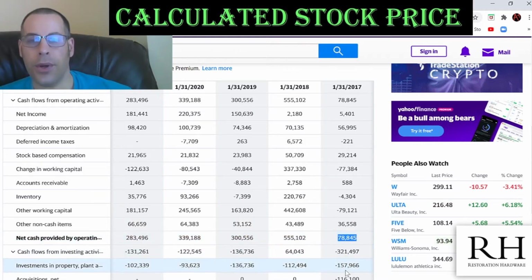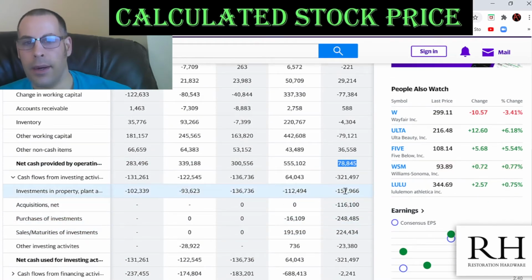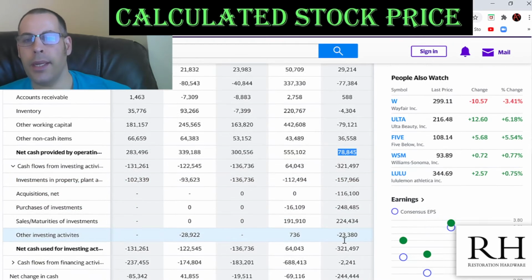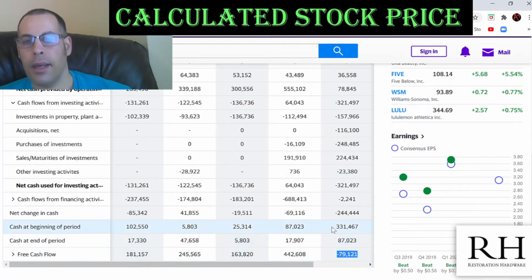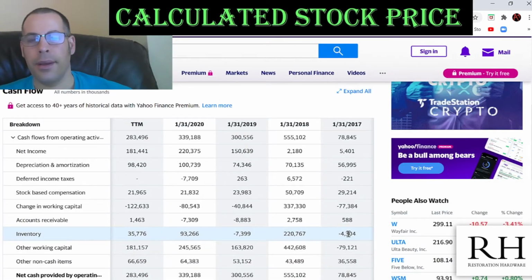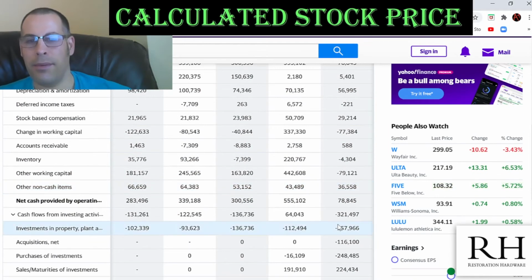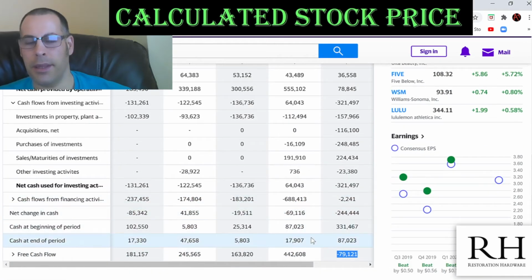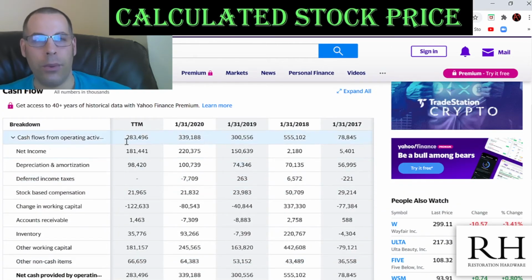Then you have to subtract the investment in PP&E. And they invested more that year than the other years, $157 million. So it did bring it down to negative that year. But there's a lot going on the statement of cash flows, and we could spend hours looking at this, but that's just a pretty high-level explanation on this particular instance. Let's move forward with the model.